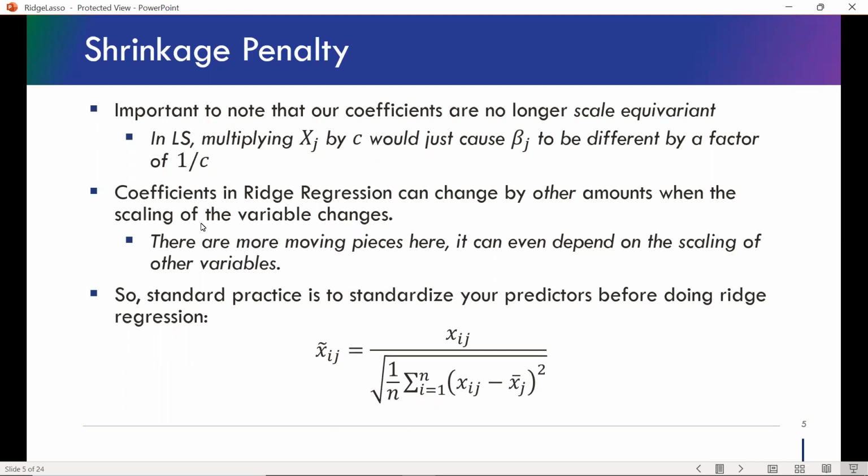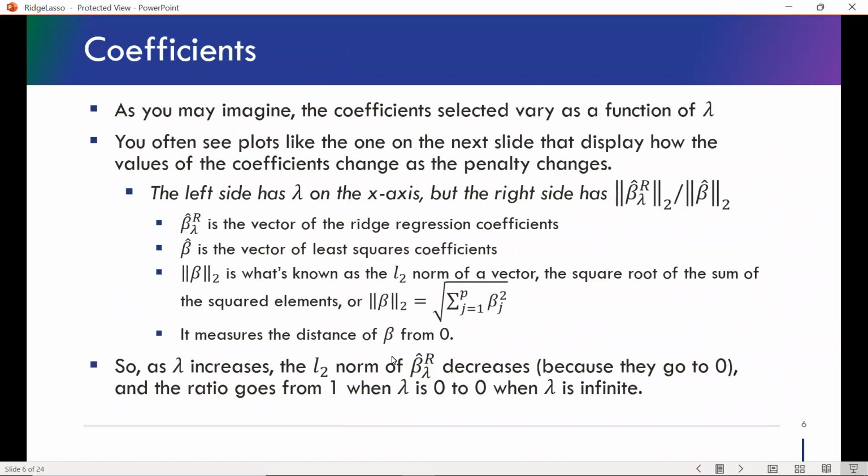But the coefficients in ridge regression can change depending on other things, like lambda, and they depend on the scaling of other variables. If you change other variables by some factors, the coefficient beta j for xj will also change, because we have more moving pieces here in ridge regression. A good way to avoid this problem is just to standardize our data.